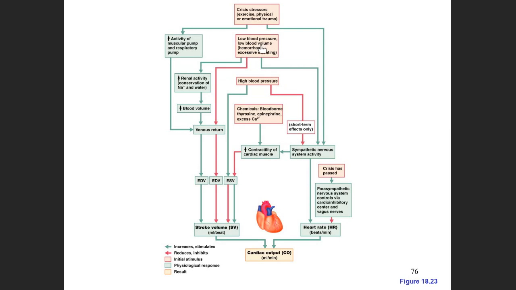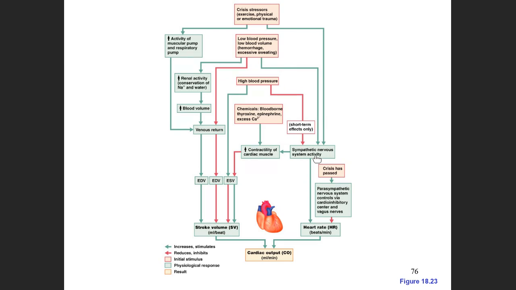With low blood pressure, a lot of tissue, particularly the heart itself, relies on the coronary circulation for blood. And if the blood pressure is low, it's not going to get its oxygen and nutrients, and a lot of tissue will die. So this green arrow is stimulate, this red arrow is inhibit. You can see here that if the blood pressure is low, the sympathetic nervous system is activated, right?